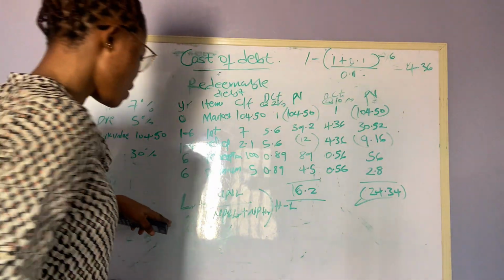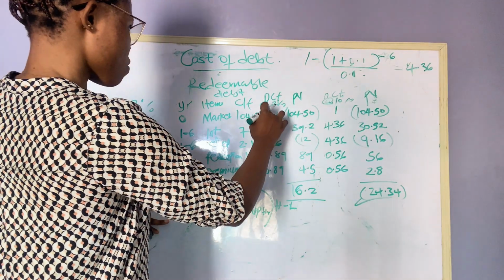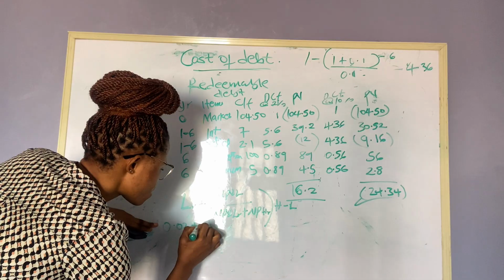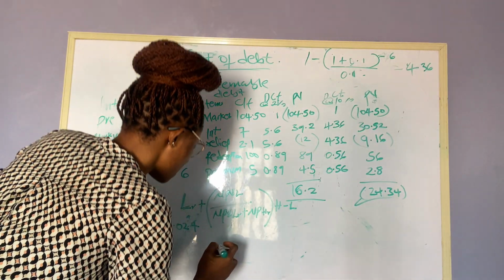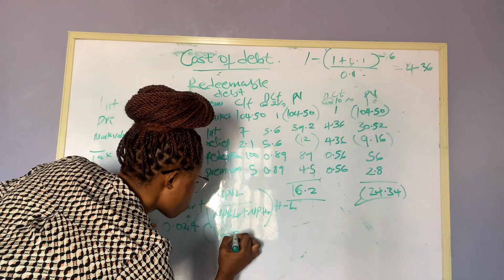Right. So now we'll say, okay, our lower rate was 2, which is 0.02, plus NPV at lower rate was 16.2.